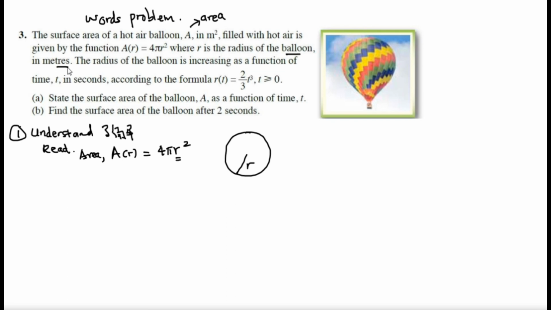In meters, the radius of the balloon is increasing as a function of time t in seconds. So when we fill the balloon with hot air, the size of the surface is expanding.